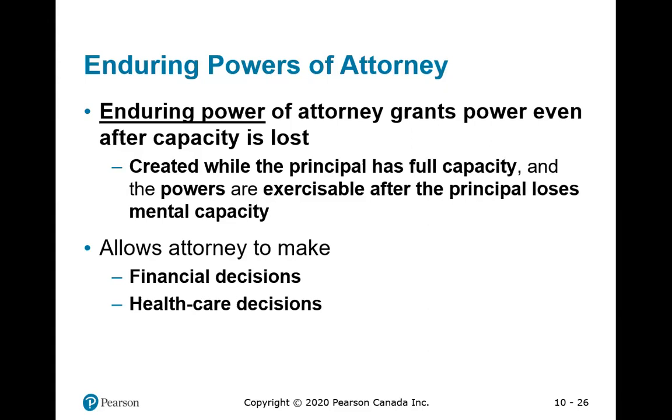So in the meantime, it may be needed to get some money from the parents. With an enduring power of attorney or representation agreement, you could access that money. Again, not legal advice, but something to read about, to think about.